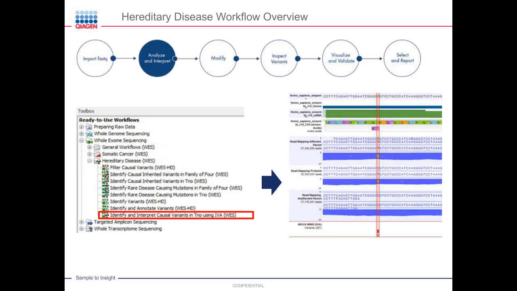So what you get back out of the workflow is a genome browser view with a read mapping from the mother, father, and the proband, overlapping with the genome regions, and what you also get is the results, the filtered, so a candidate list of variants coming back from Ingenuity Variant Analysis.